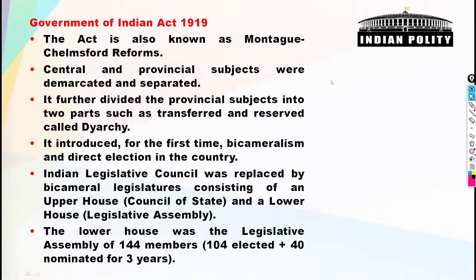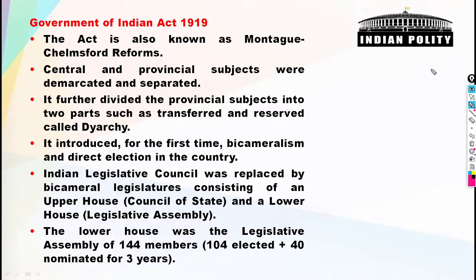The next act that was enacted was the Government of India Act 1919. It was a post World War reform. The 1909 Act, or Morley-Minto reforms, fell miserably short of satisfying the demands of Indians, most importantly inviting the anger of Indian nationalists for introducing the vicious device of communal electorate.